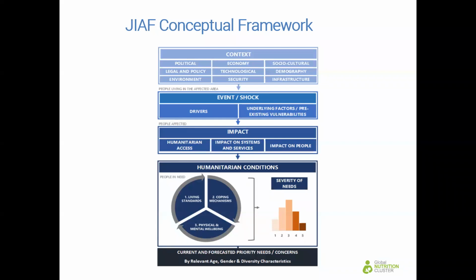Then to look at the events or shocks that happen to this context, so the drivers and the underlying factors, be that, let's say, a sudden onset event like a cyclone, an escalating conflict, or a slow development of degrading food insecurity, and people having to leave, change their livelihoods, leave their areas, etc. And what the impact is of that on access, systems and services, and the impact on people. To have there a clear distinction.